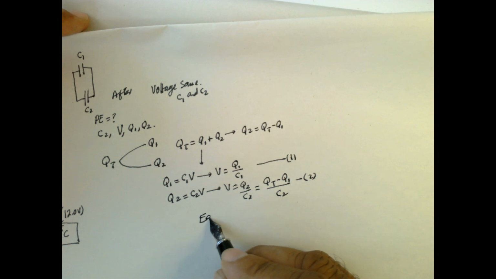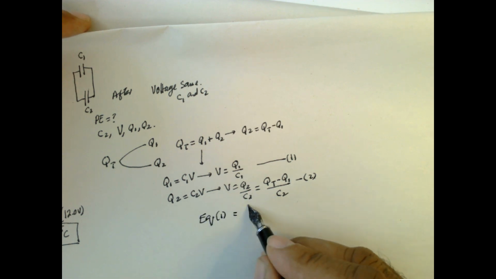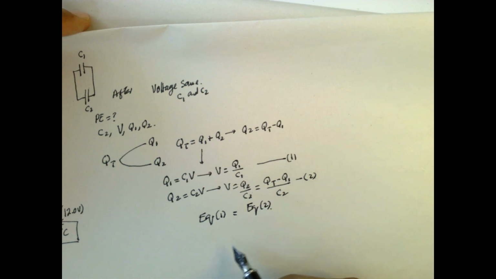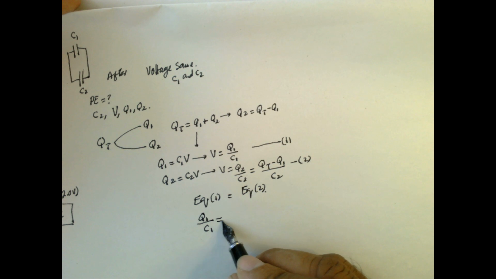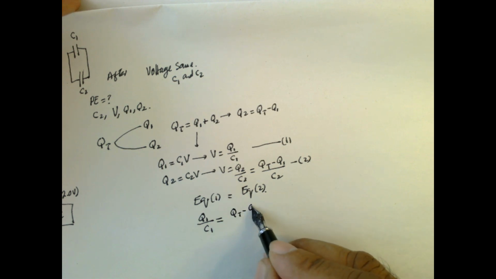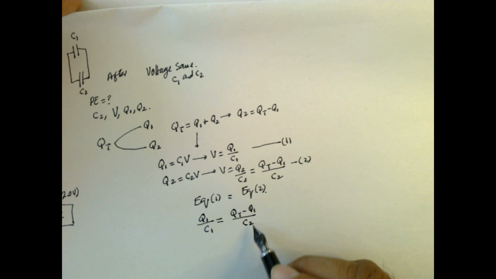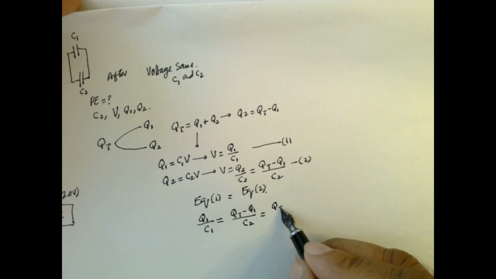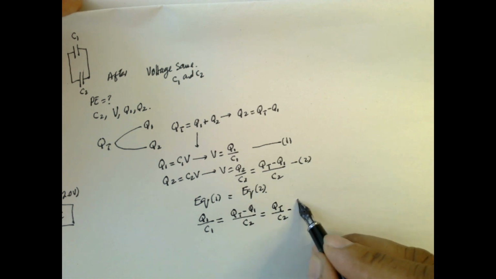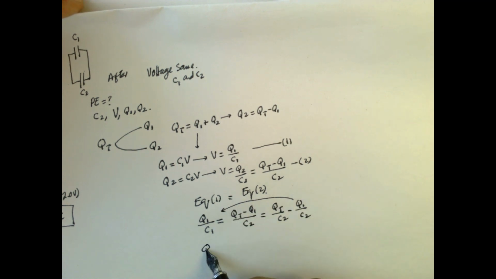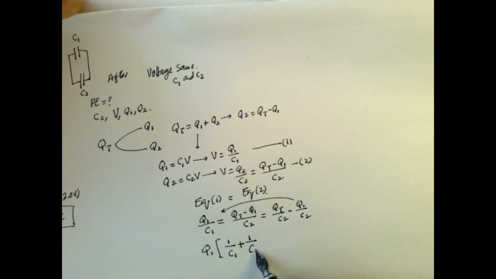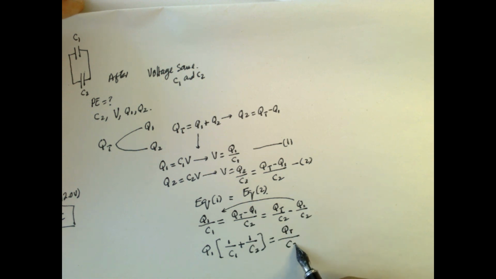So using equation 1 and equation 2, Q1 over C1 is equal to Q total minus Q1 over C2. So this is equal to Q total over C2 minus Q1 over C2. This will go on this side. Q1 is common: 1 over C1 plus 1 over C2 is equal to Q total over C2.